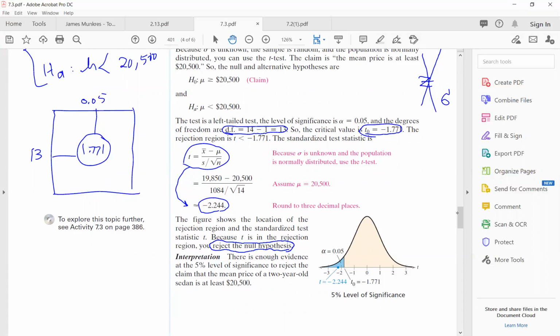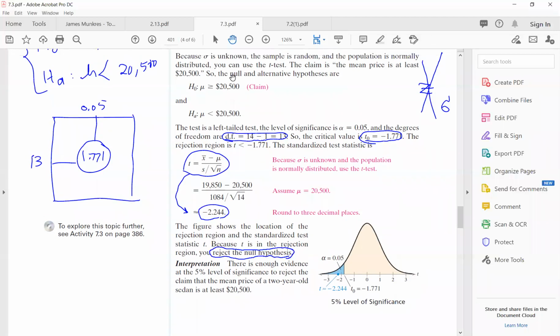So we reject the null hypothesis. So the interpretation: there is enough evidence at the 5% level of significance to reject the claim that the mean price of a 2-year-old sedan is at least $20,500.